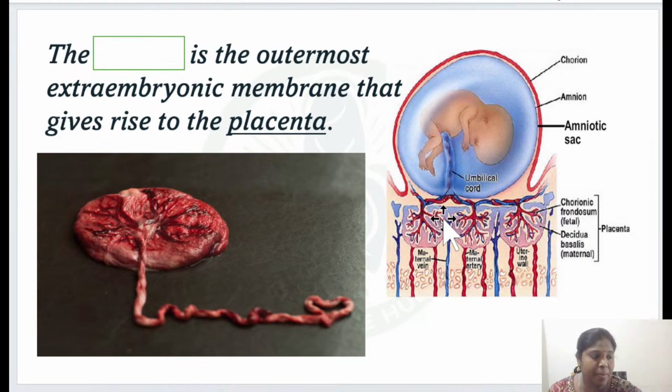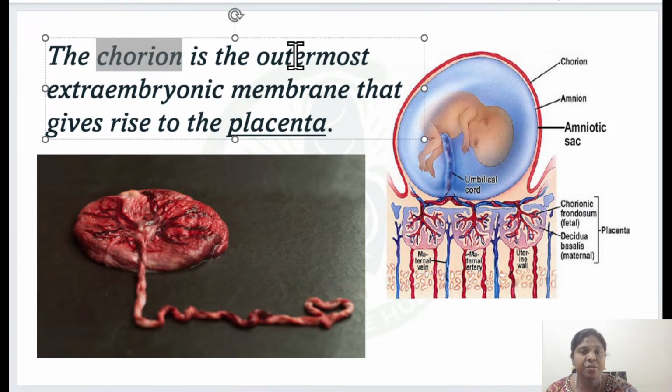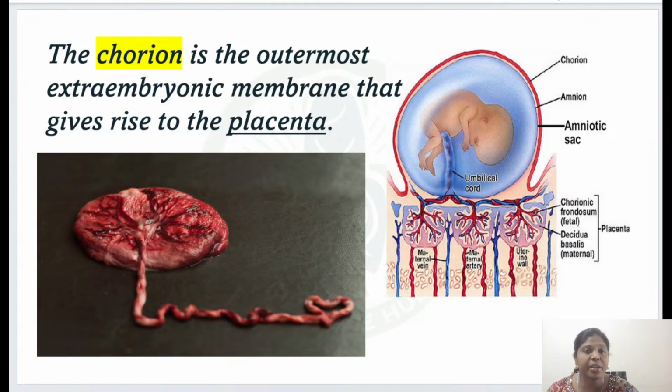Through that only the placenta arises. Tithium, okay, you are my paid member. Yes, you are saying it correctly. That is the chorion. Sitti chorion, B Kalyani chorion. Exactly. So, the chorion is the outermost extra embryonic membrane that gives rise to the placenta.